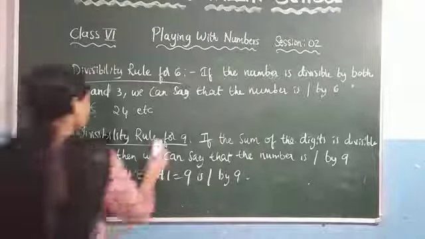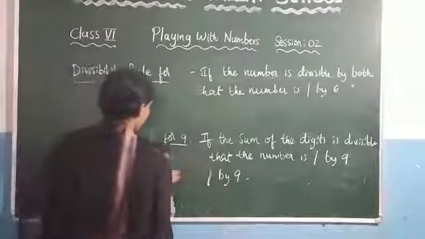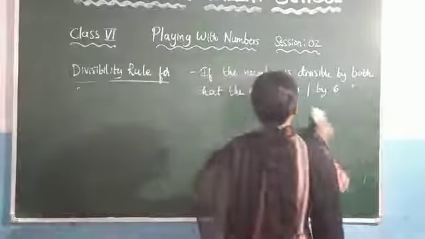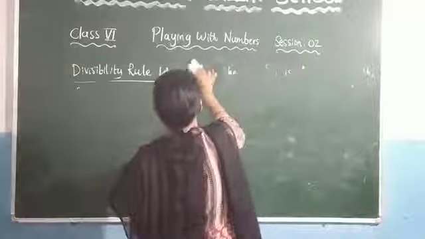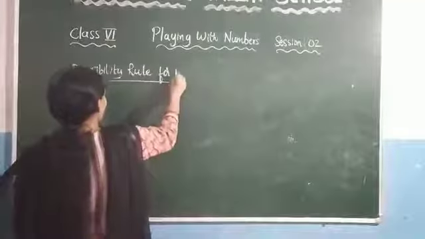So what does it state here? If the unit digit of a number ends with 0, we can say that that number is divisible by 10. So write it. Divisibility rule for 10.